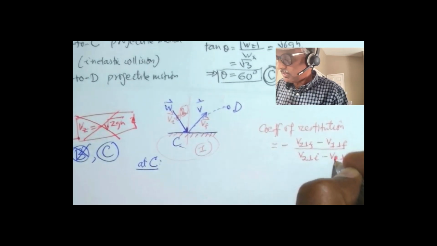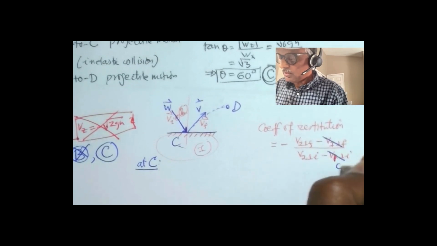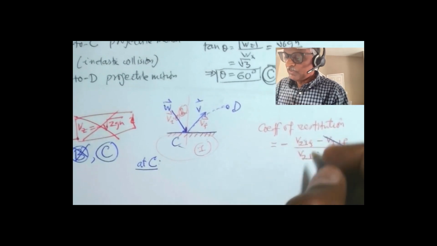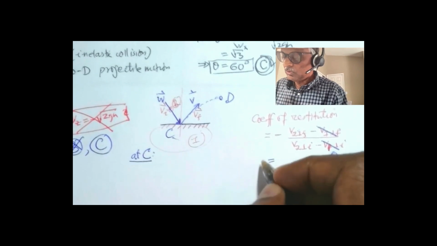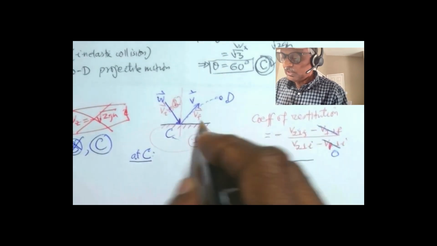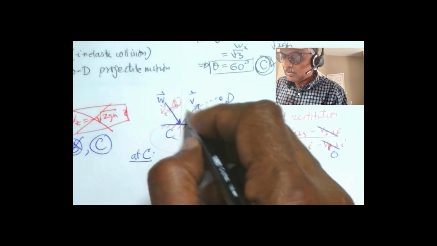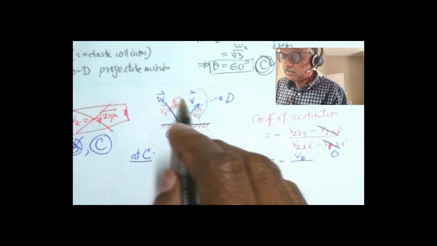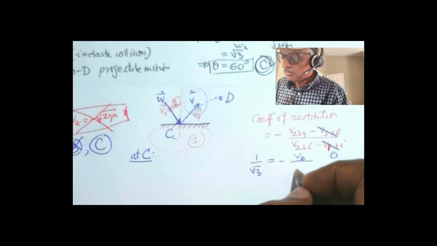So over here it will be zeros, so it will be just the ratio. This is 1 over square root of 3, which is given, and what's given is minus V, this is the final thing, the Z component, and the Z component is the initial thing, WZ.